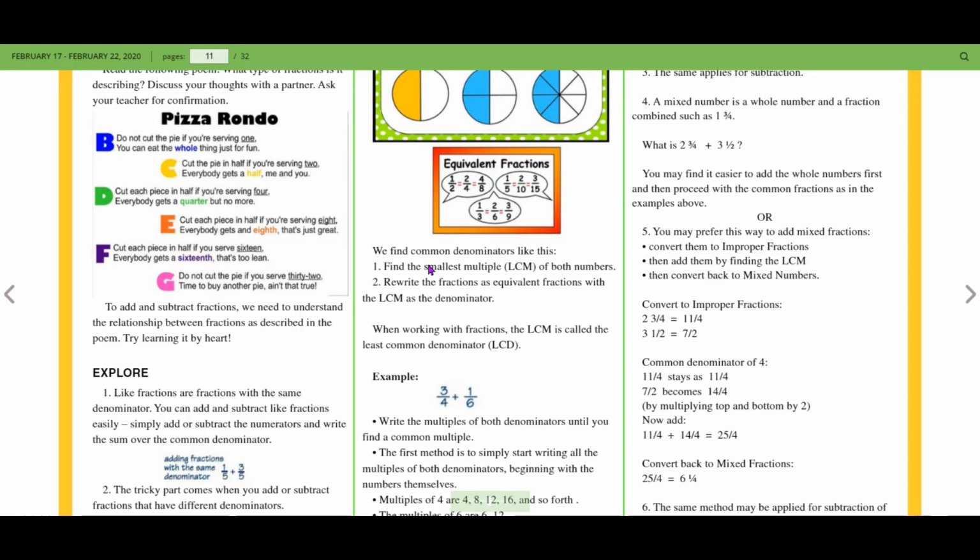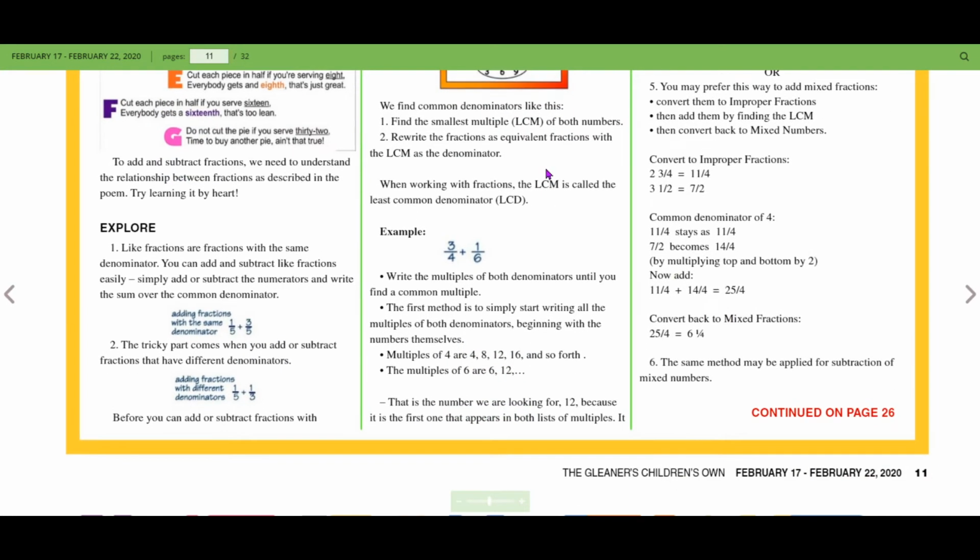We can find common denominators like this. How do we find them? One, find the smallest multiple that is the LCM, the lowest common multiple of both numbers. Then rewrite the fractions as equivalent fractions with the LCM as the denominator.